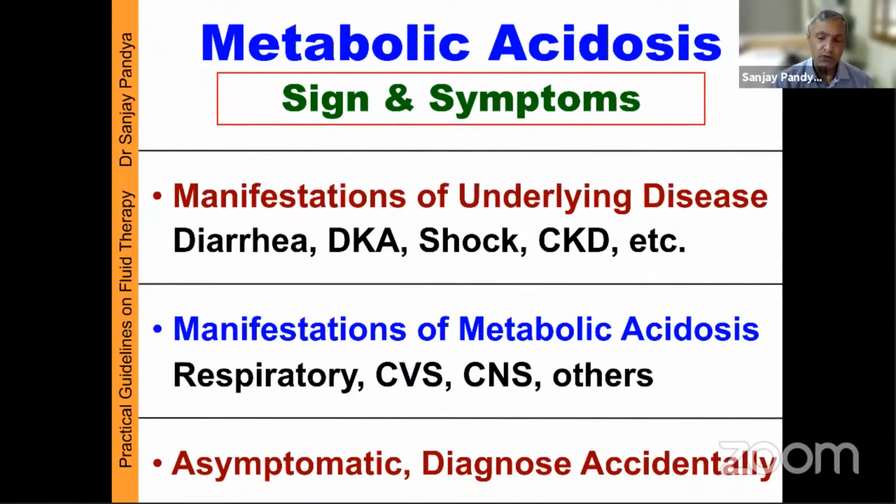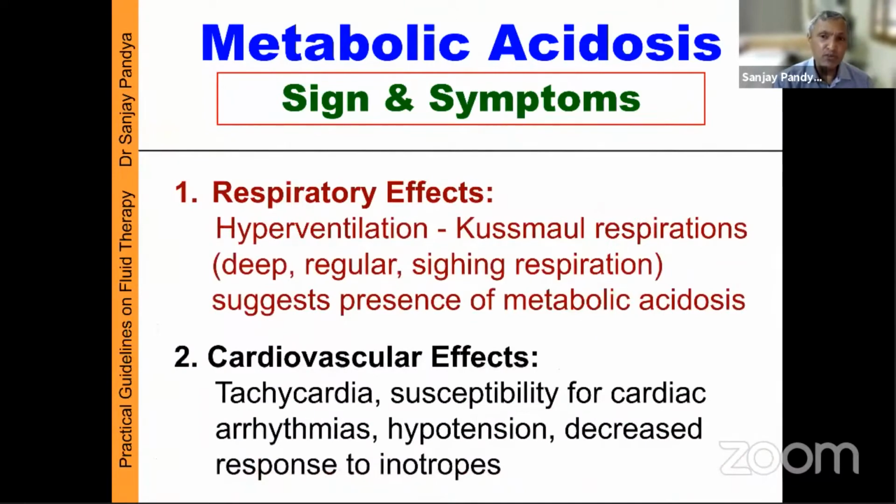Sometimes the patient may be asymptomatic and it is accidentally diagnosed. Now, when we talk about symptoms of metabolic acidosis, respiratory symptoms as a compensation, that is hyperventilation or Kussmaul's breathing, are common, and that tells us that yes, there is underlying metabolic acidosis.